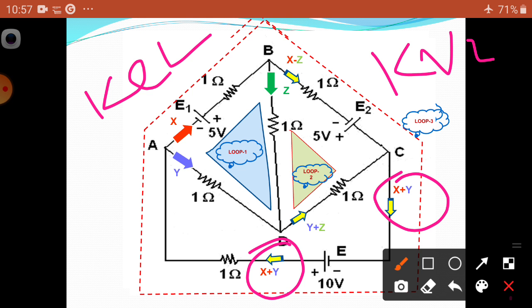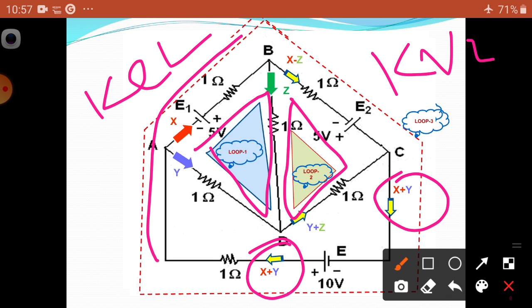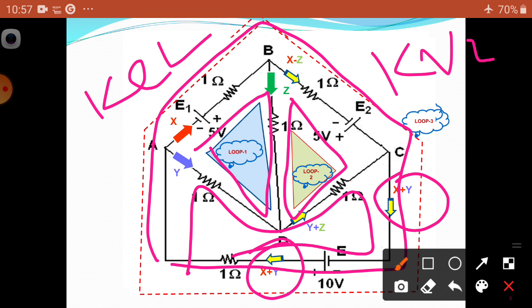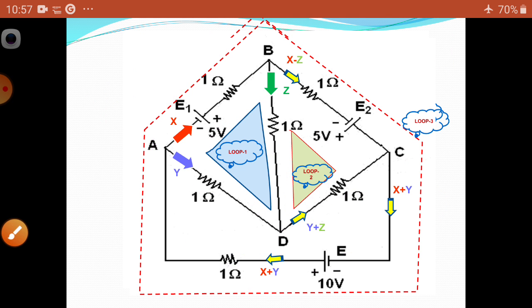This is loop 1, and this other one is loop 2, and we can consider this as loop 3, and sometimes we can take this one, which is loop 4. That means we can write 4 loops.